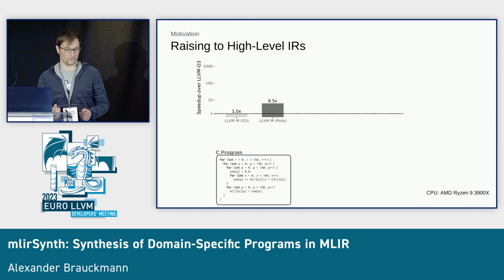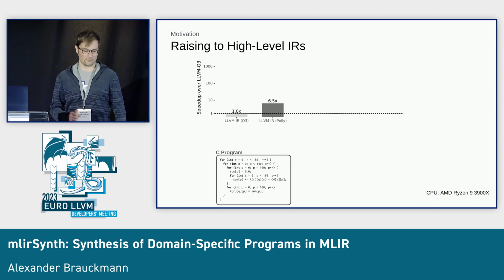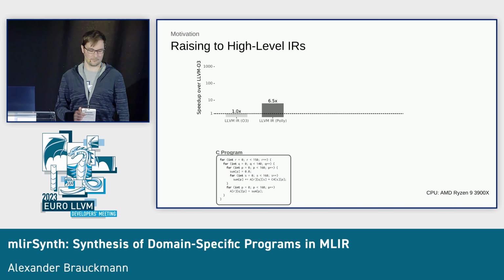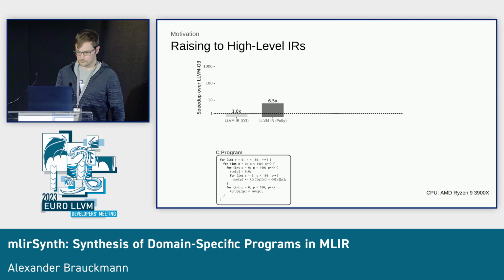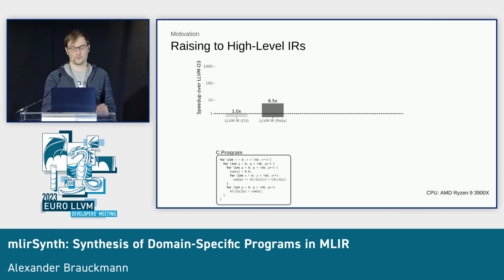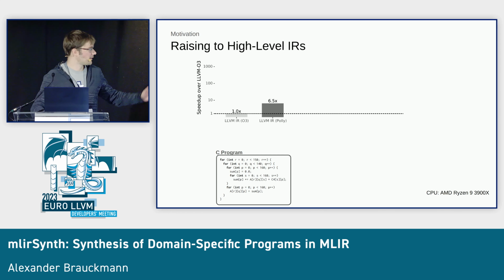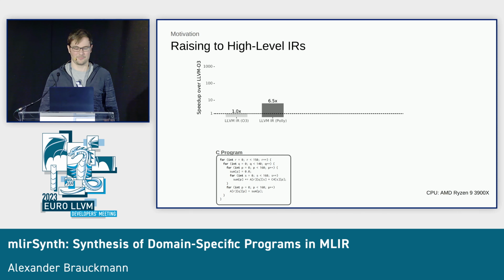We could also use Polly to optimize it for memory and parallelism, and this would give us 5.6x. And this is about what we can get on the LLVM IR level. But you see, the plot goes up to 1000x. So I will now show you how we can reach that.